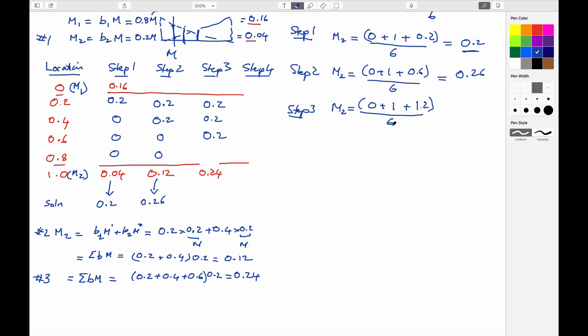And 2.2 over 6 is 0.333333, is that right?